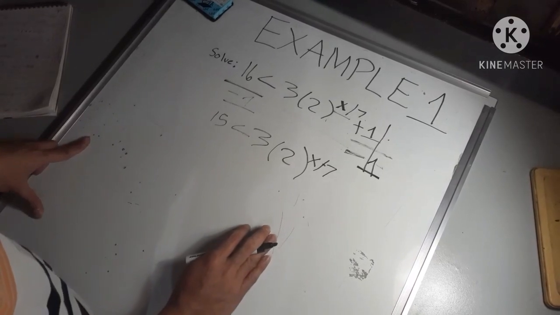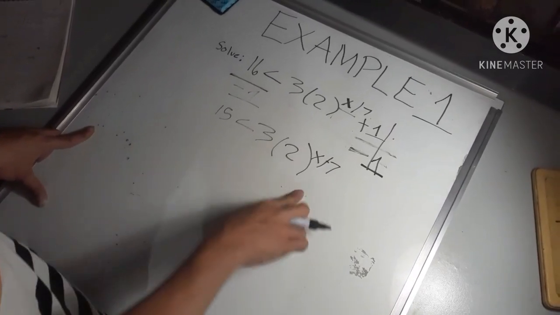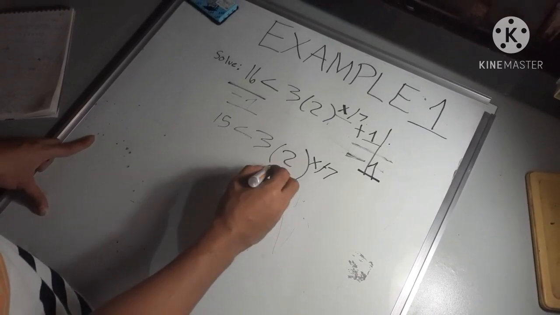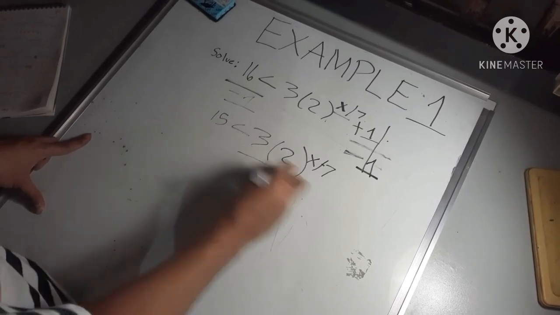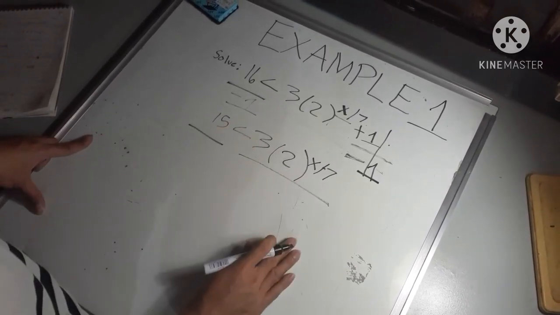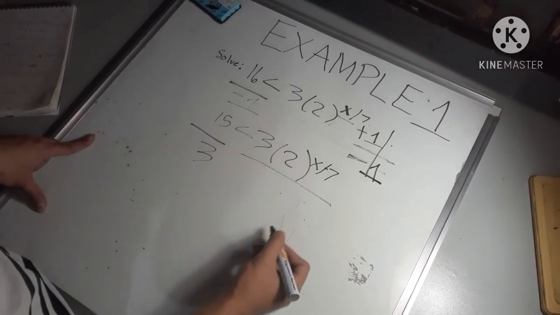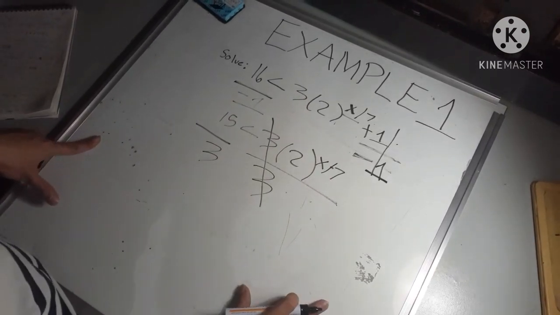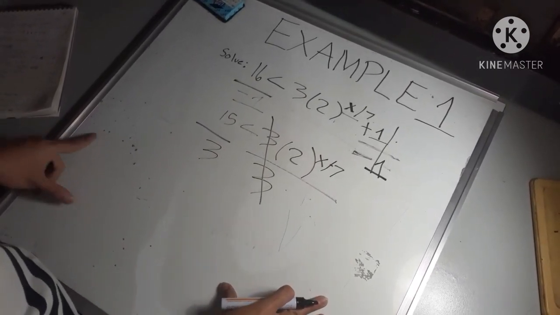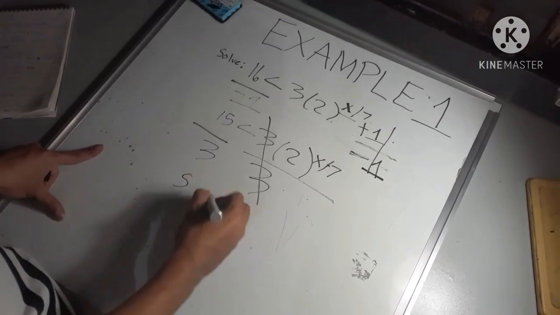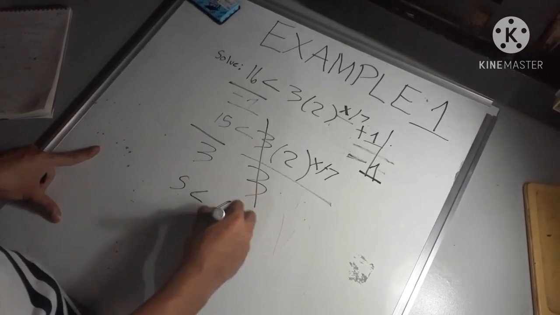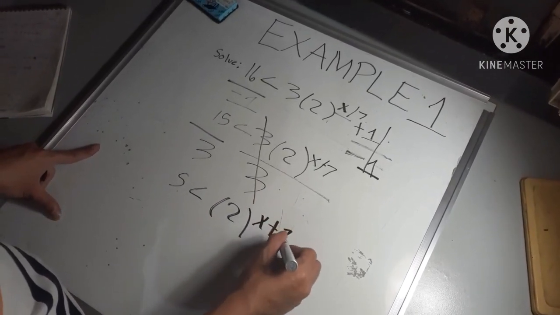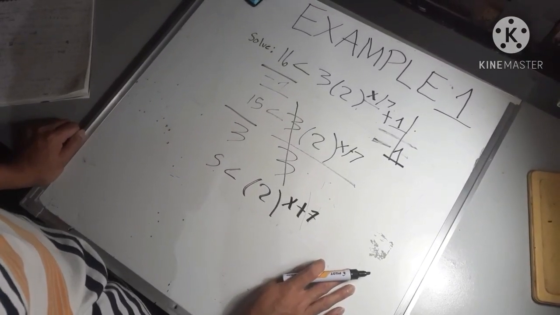In order to solve this, we have to divide both sides by 3. There. And the answer must be 5 less than 2 to the power of x over 7.